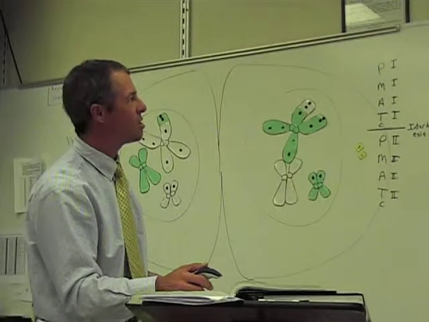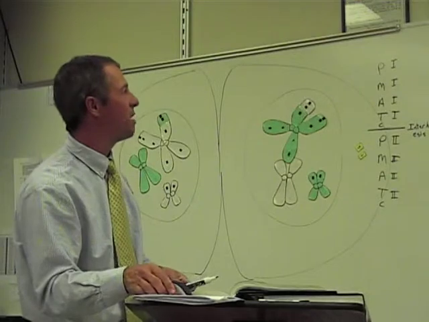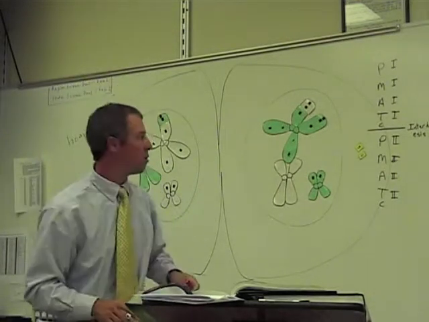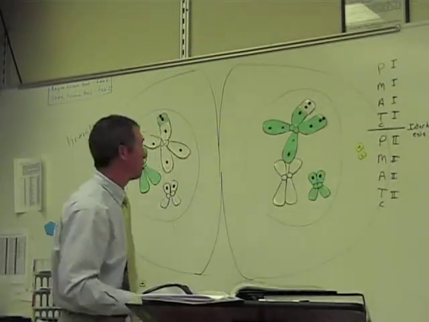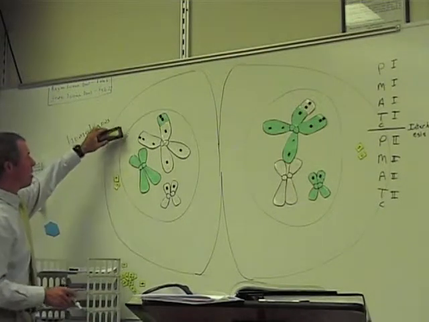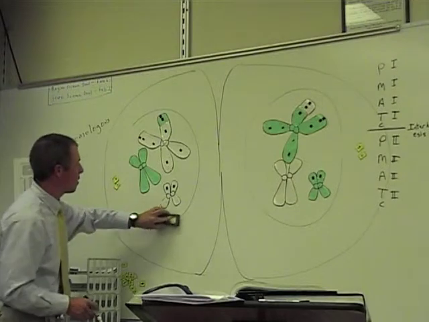Now we're on the second set of divisions. Prophase 2. The nuclear membrane disintegrates once again.